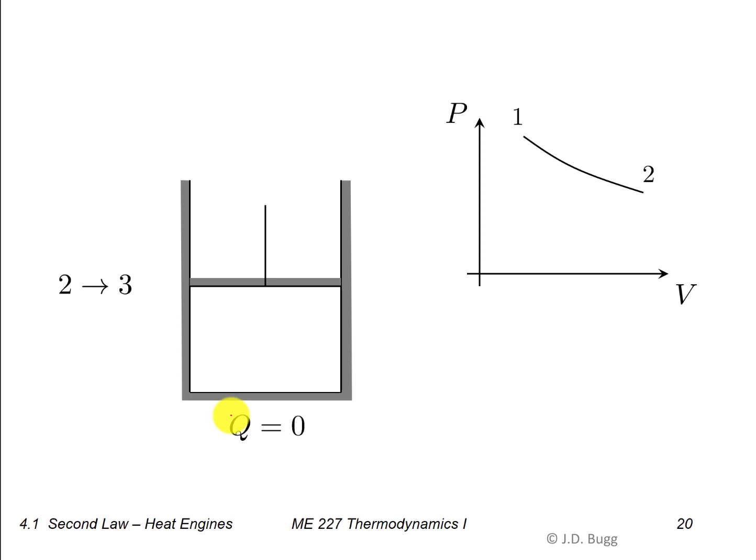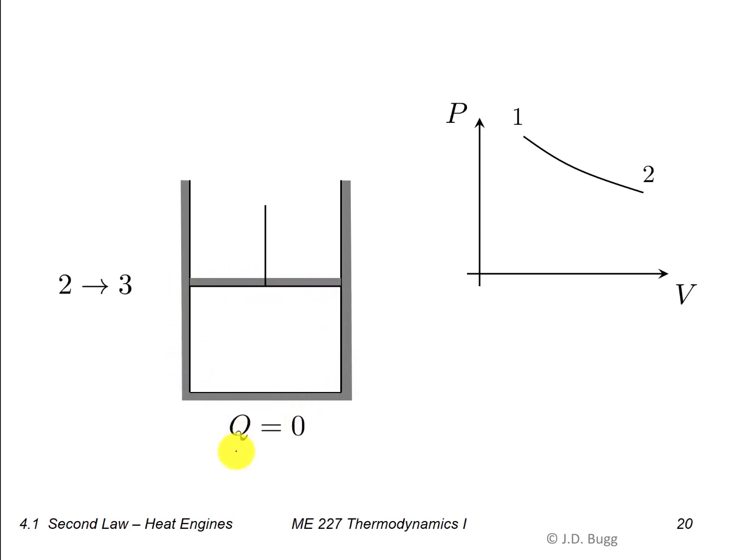So here's our original process, 1 to 2. What we're going to do here to get the temperature lower is continue to expand this gas. So we're going to let the piston continue to move up as we go from 2 to 3, our next process in this cycle. Only now we're not going to allow any heat transfer to happen.